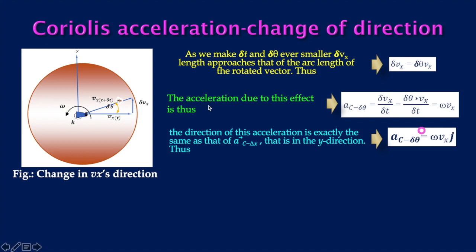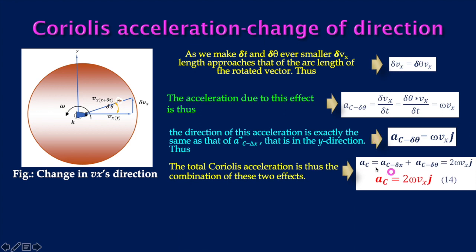I repeat, first we considered a change of magnitude of this velocity, and now we are considering change of direction, not magnitude, and hence we are getting two different components.